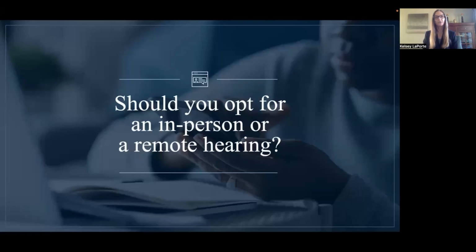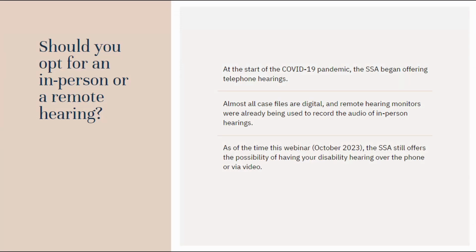So should you opt for an in-person or a remote hearing? At the start of the COVID-19 pandemic in March 2020, SSA began offering disability claimants the option for telephone hearings. Shortly after, they added in the option of conducting hearings over video via Microsoft Teams.